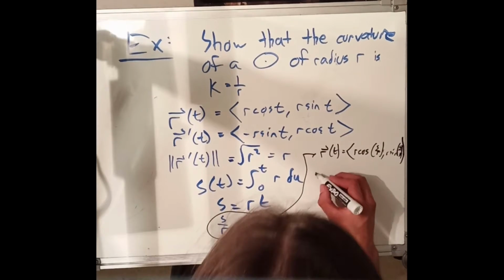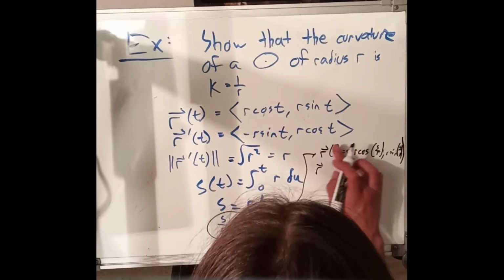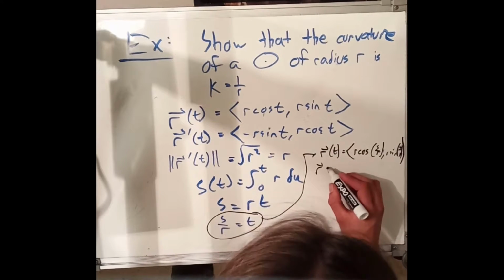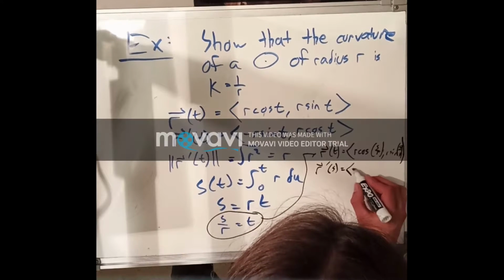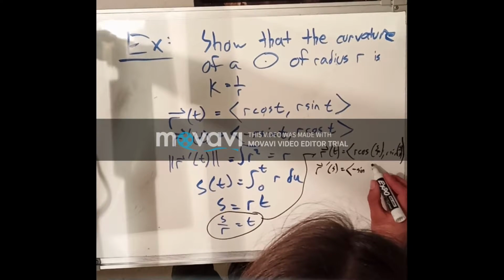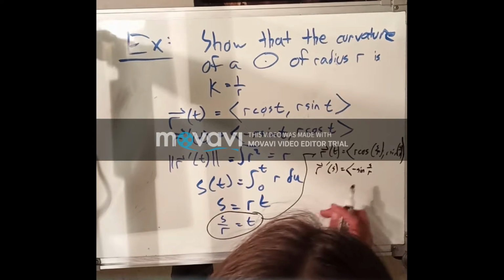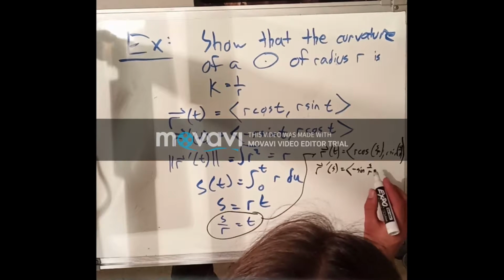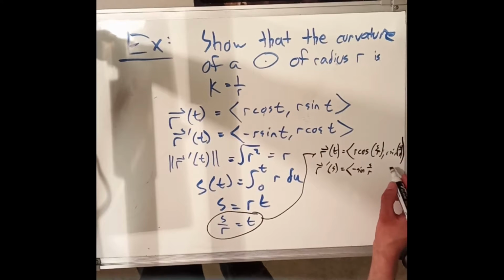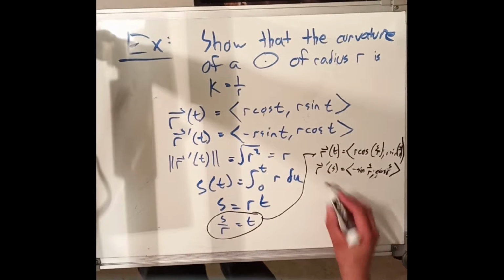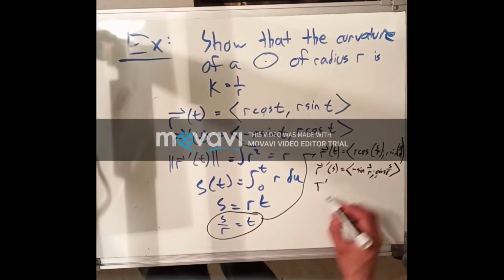And so we take a normalization. This should be with respect to s. We'll get negative sine; r is a constant in this equation, so we pull it out. T prime is then given by this.